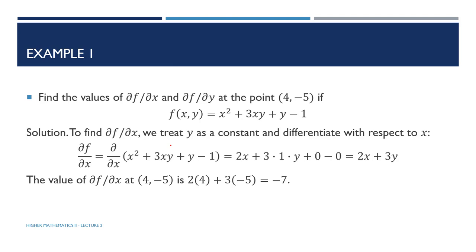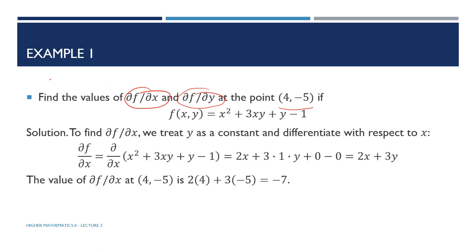In this example, we are asked to find the values of the partial derivative of f with respect to x and the partial derivative of f with respect to y at the point (4, -5), if the function is in this form. First, I have to calculate the partial derivative and then plug in the point.